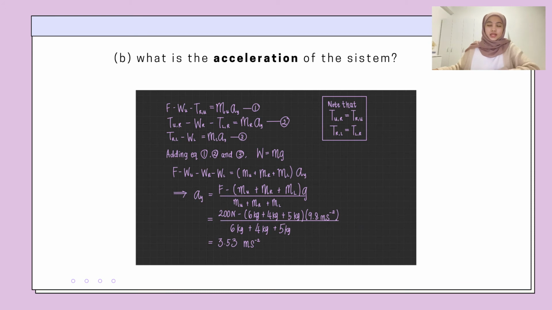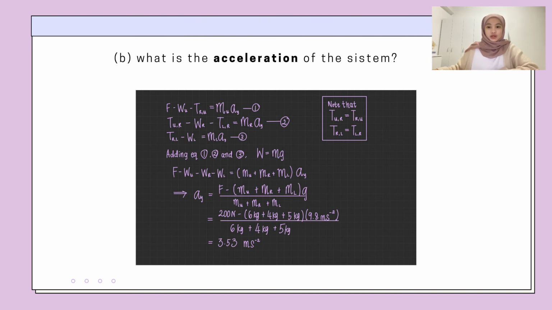B. What is the acceleration of the system? First, we denote the masses of the upper block, the heavy rock, and the lower block by M_U, M_R, and M_L, respectively, and let the acceleration of the system be a_y. Application of Newton's second law to the upper block gives F minus W minus T_RU equal to M_U a_y.